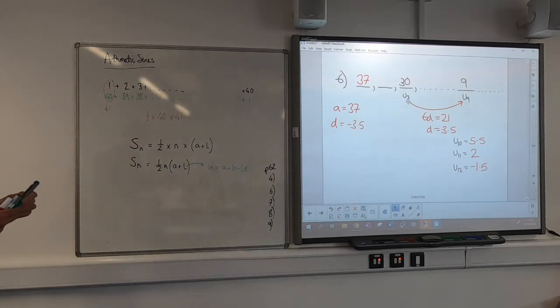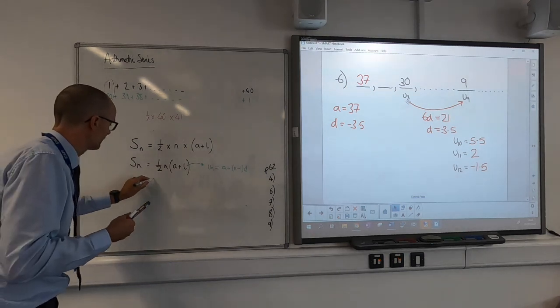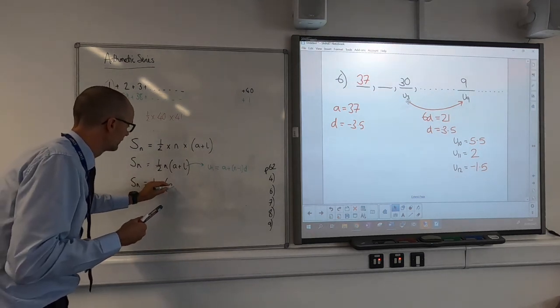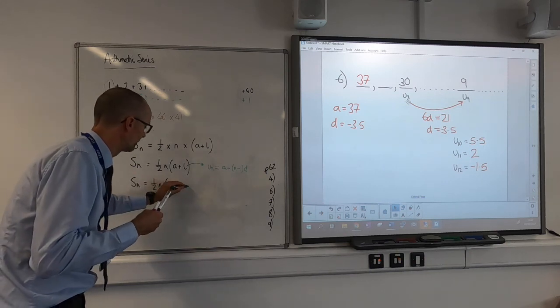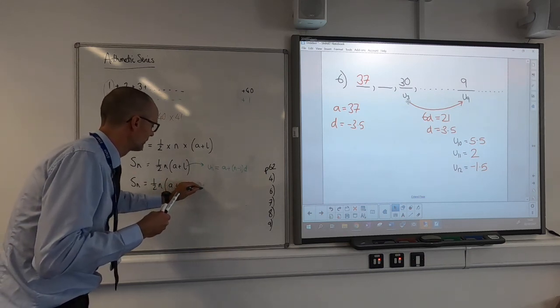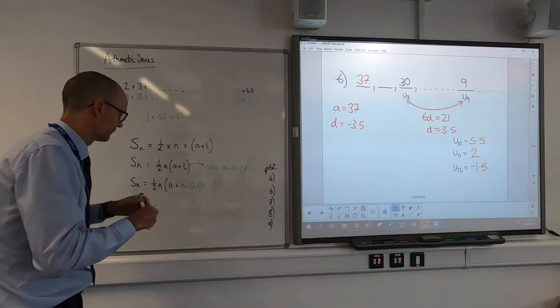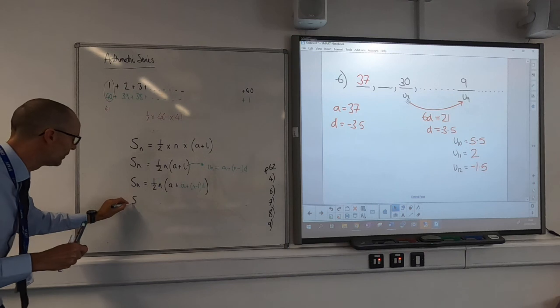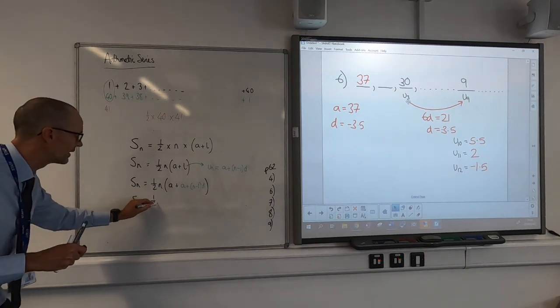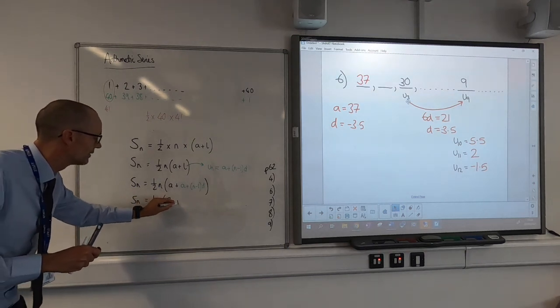So I can rewrite my formula, replacing L with that, and that gives us the formal formula for the sum of an arithmetic series.